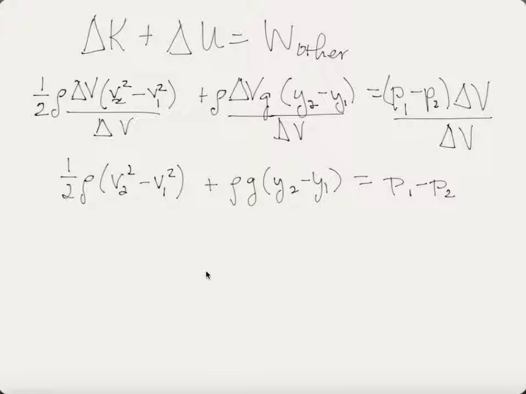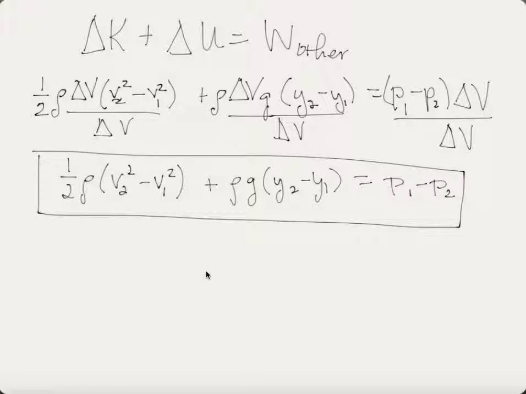So what we're going to do now is put everything that's related to 1 on the left-hand side and everything that's related to 2 on the right-hand side. Well, this is Bernoulli's equation, right here. We could stop right here. We can organize it any kind of way we want, but this is Bernoulli's equation.